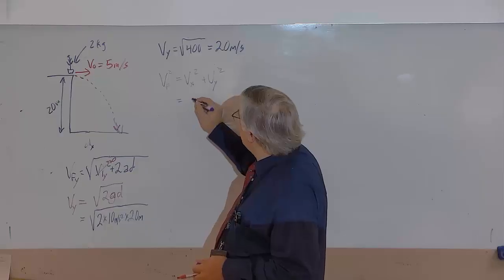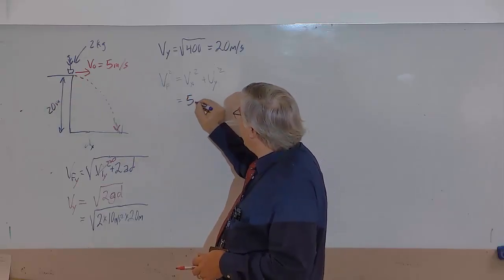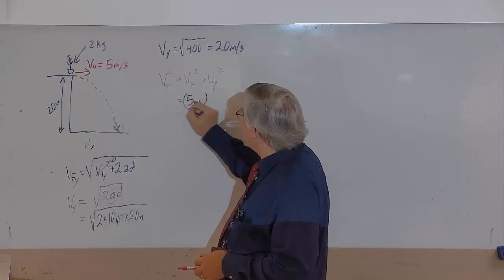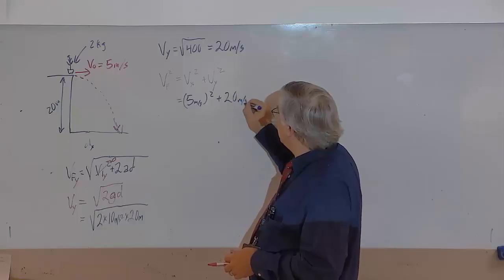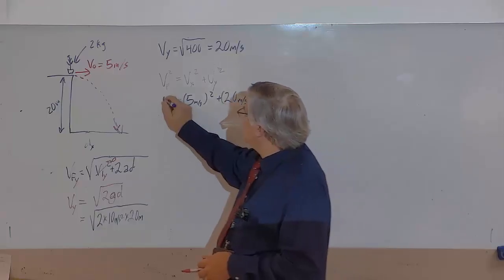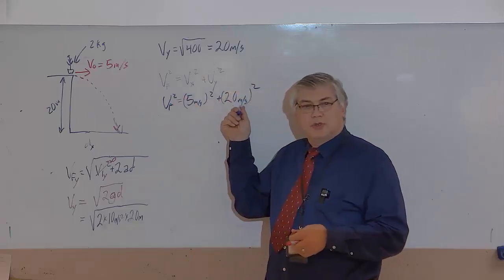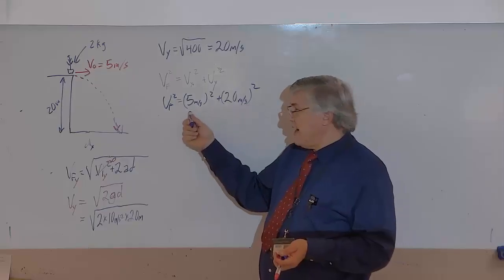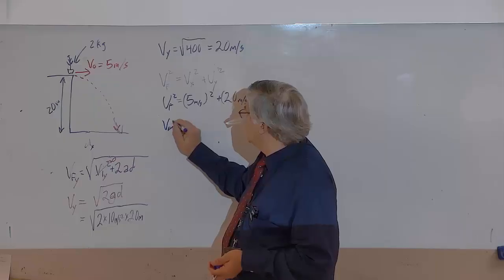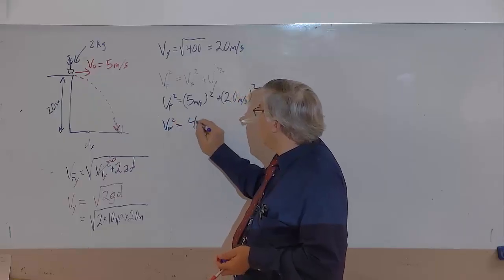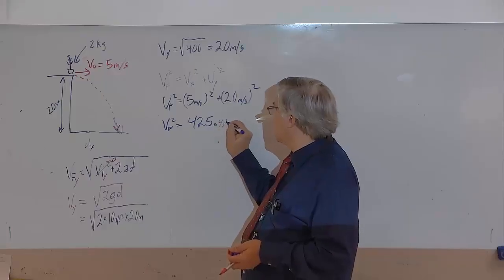So that's going to be equal to, in the x direction, 5 meters per second, all of that squared, plus 20 meters per second, all of that squared. And that's equal to my final velocity squared. So 20 times 20 is 400, and 5 times 5 is 25. So my final velocity squared is equal to 425, and that has units of meters squared per second squared.